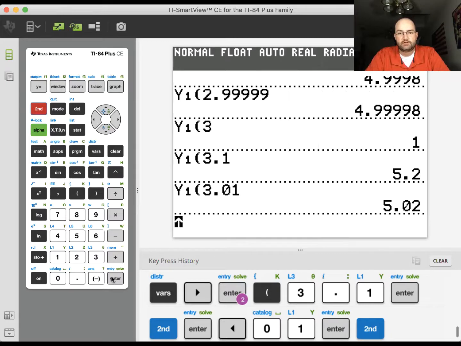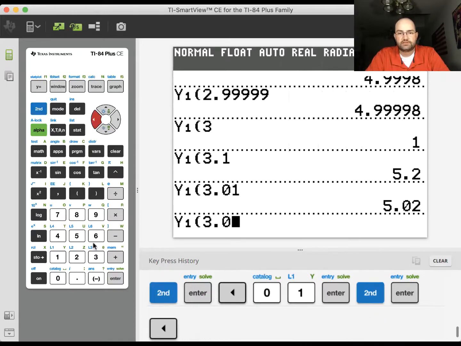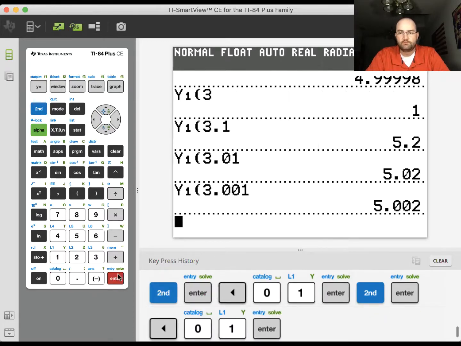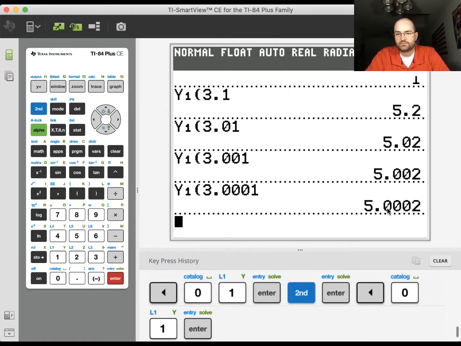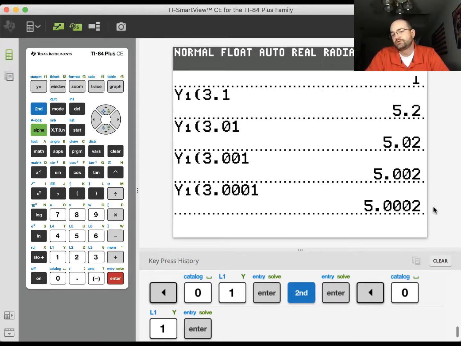And then 3.001, enter, gives us 5.002. Awesome. So the more zeros we get in x, the more zeros we get here. That gives us 5.0002. The next one would give us 5.000002 or something like that, and so on and so forth.